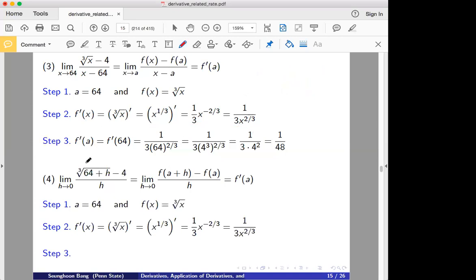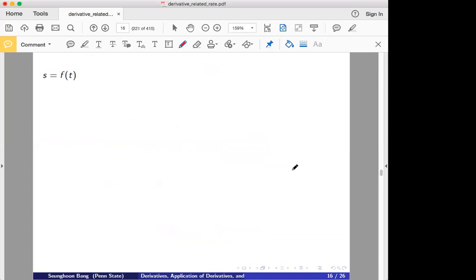The last step is exactly the same as the top one. This is the answer. This is the whole idea for solving complicated problems by using the definition of the derivative. It's good. I think this is very sufficient for this kind of problem.